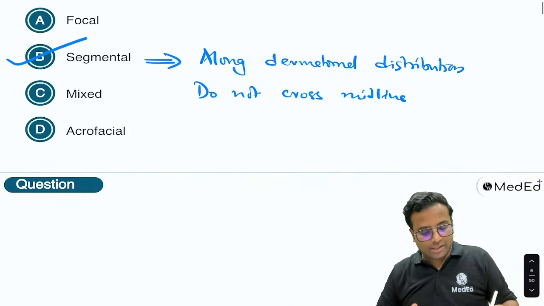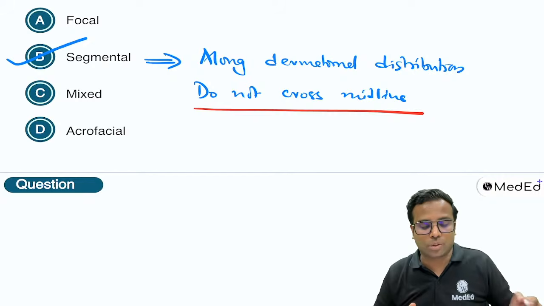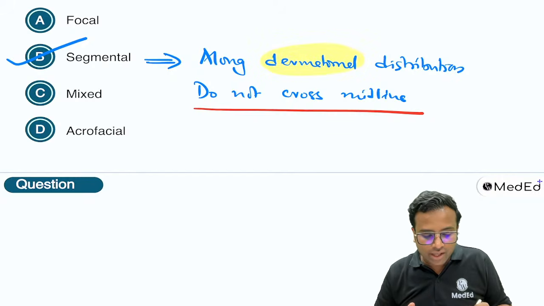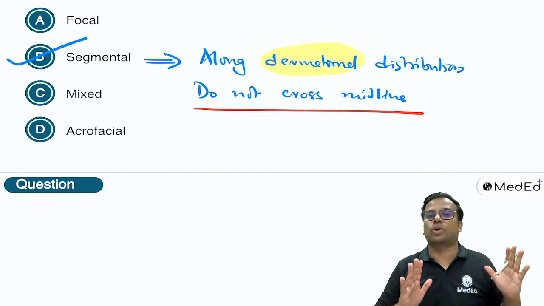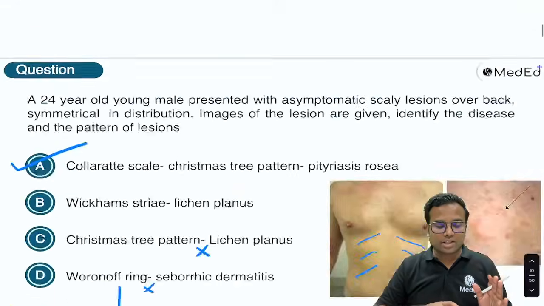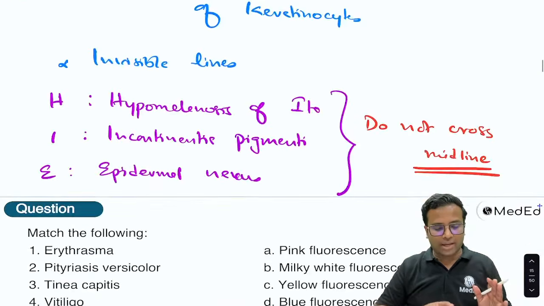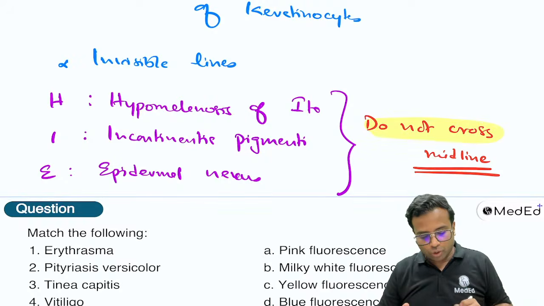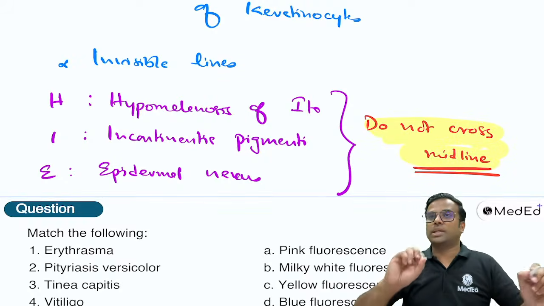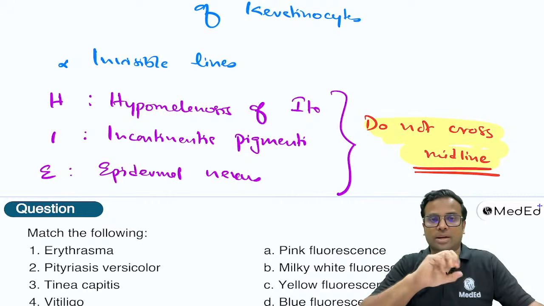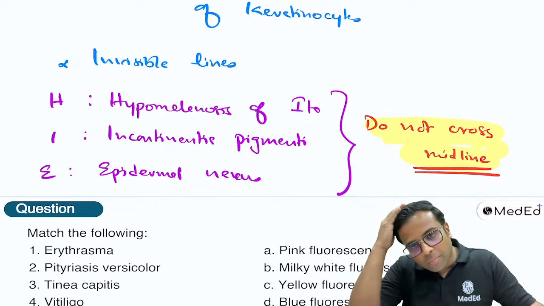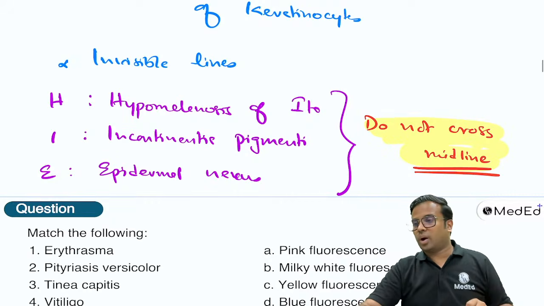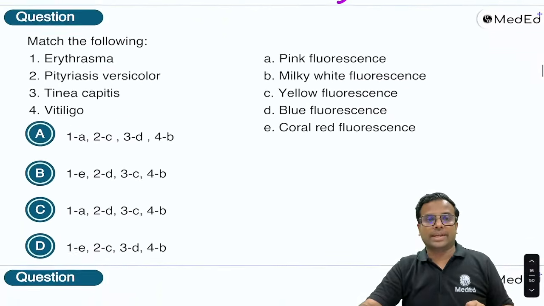Yeah, it is along the dermatomal distribution. So whenever the lesions are along a dermatome, they do not cross the midline. Whenever the lesions are along a Blaschko line, also they do not cross the midline. So please remember these two lines where the lesions do not cross the midline. Clear? So now moving further, let's see the next question.